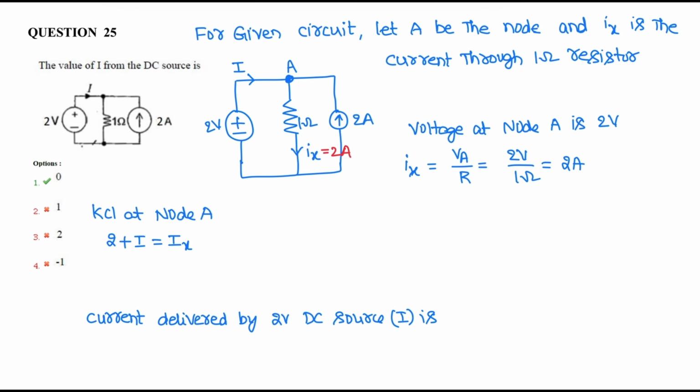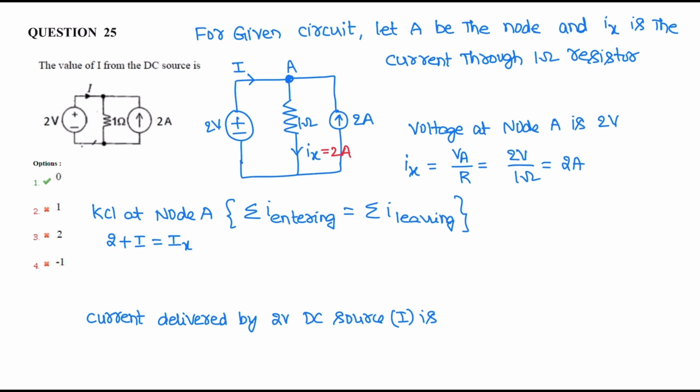KCL says the sum of entering currents, the sum of incoming currents, is equal to the sum of leaving currents, the outgoing currents.